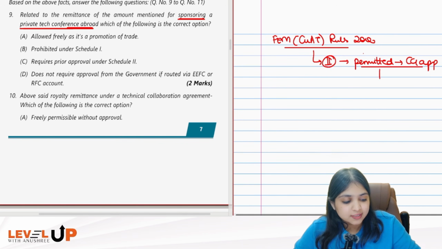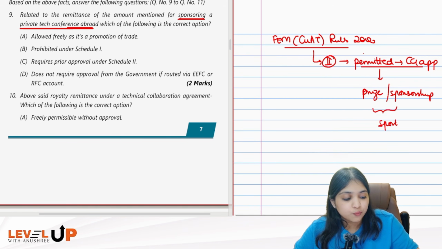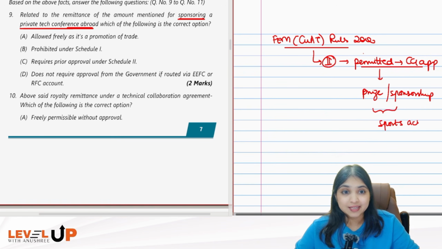One of those transactions is remittance of foreign exchange towards prize winnings or sponsorship relating to sports activities. So if I want to send foreign exchange relating to prize or sponsorship for sports activity, I will require central government approval.